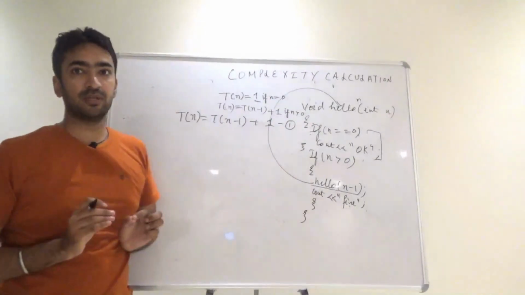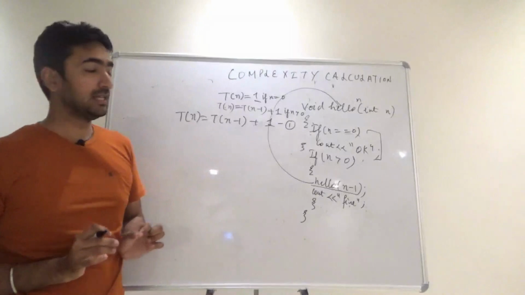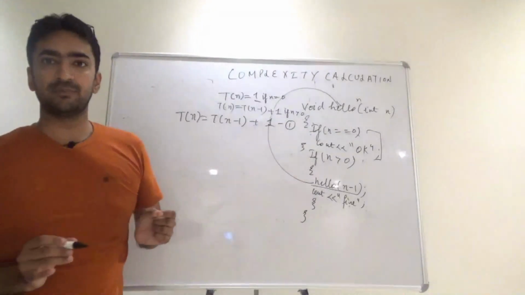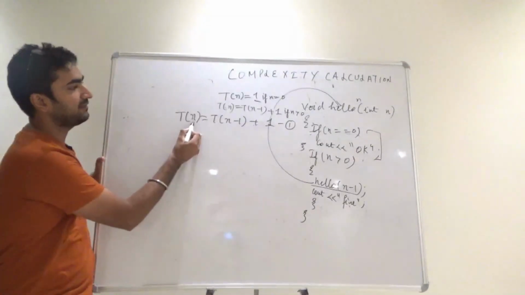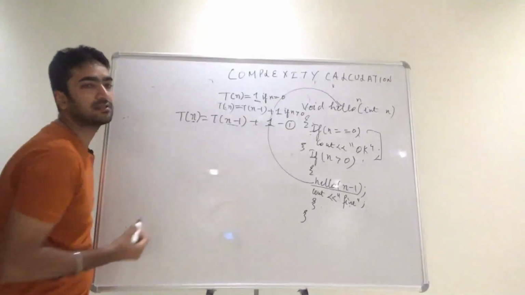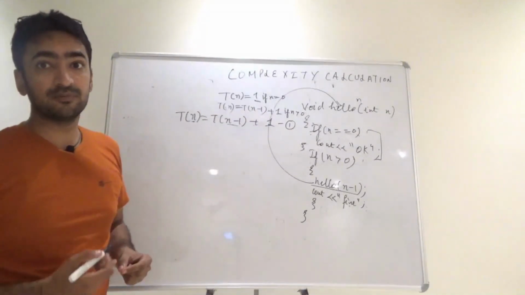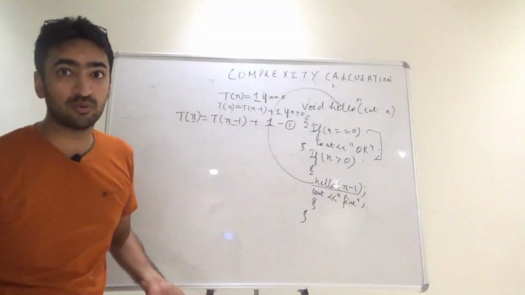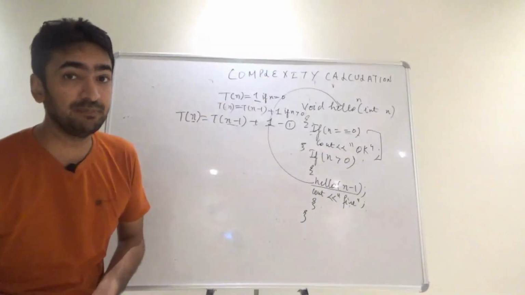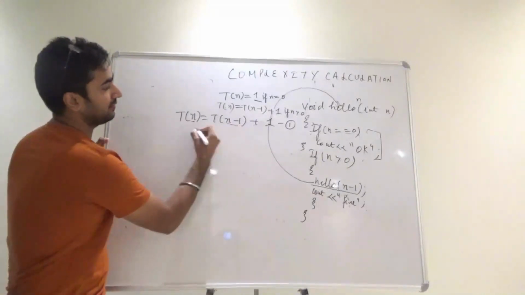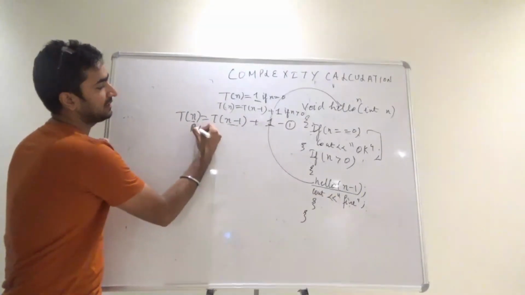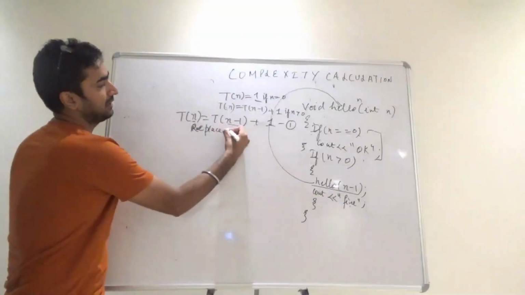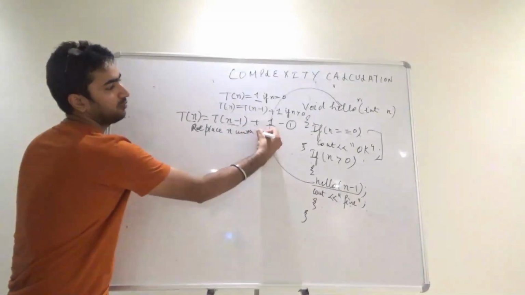Now we are going to substitute the values. What kind of values can I substitute? Clearly this n value is there and there is this n minus 1. So we try to substitute the value of n minus 1 into T of n and see how this whole function can be. If I replace n with n minus 1, what will happen?